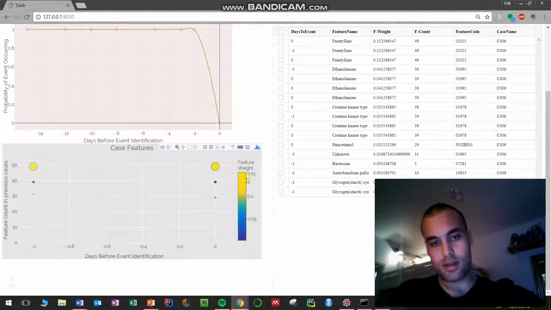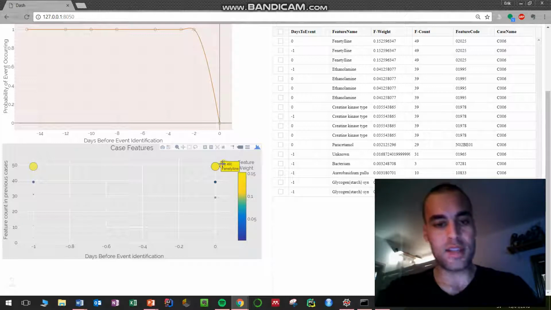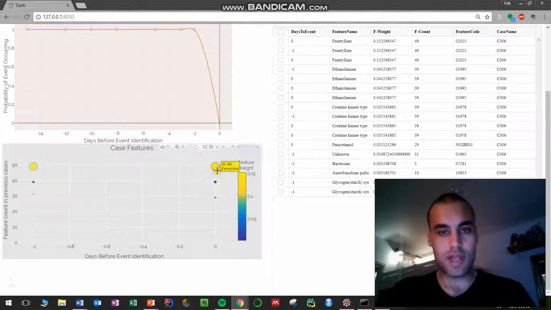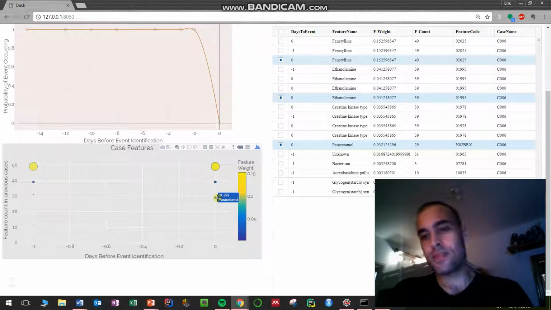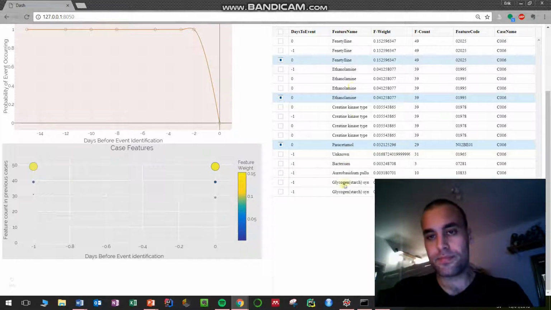So a yellow circle, which is always larger, has a higher feature weight. Now we can select these and they will be highlighted in the table to ease the assessment.